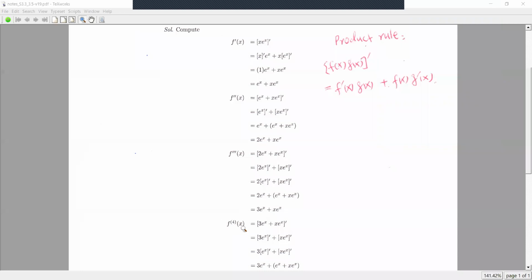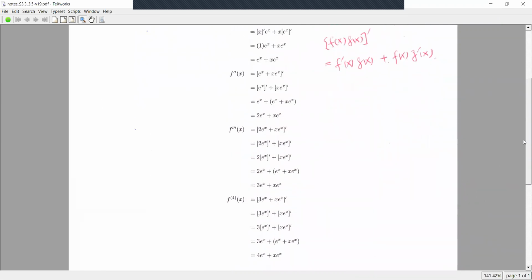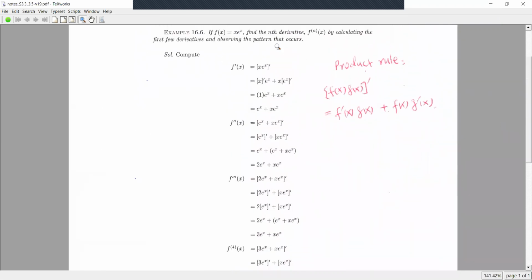Similarly, to compute the fourth derivative, the result is 4e to the x plus xe to the x. Now, from the first four derivatives that we have computed, we can observe a pattern. The first derivative is e to the x plus xe to the x.